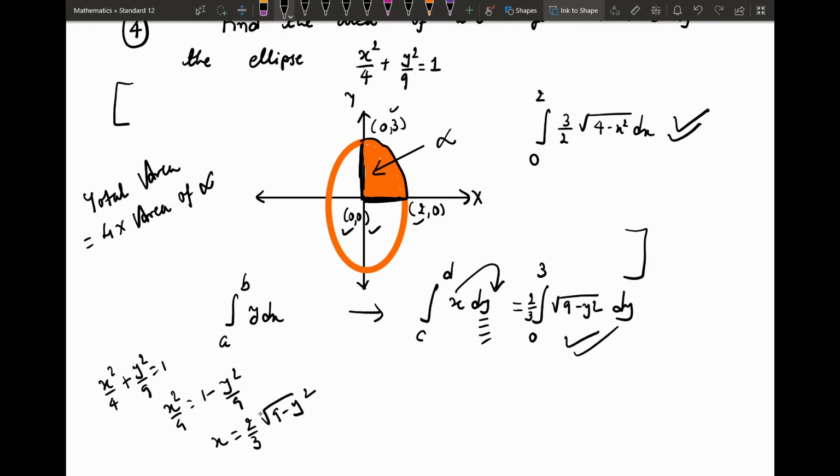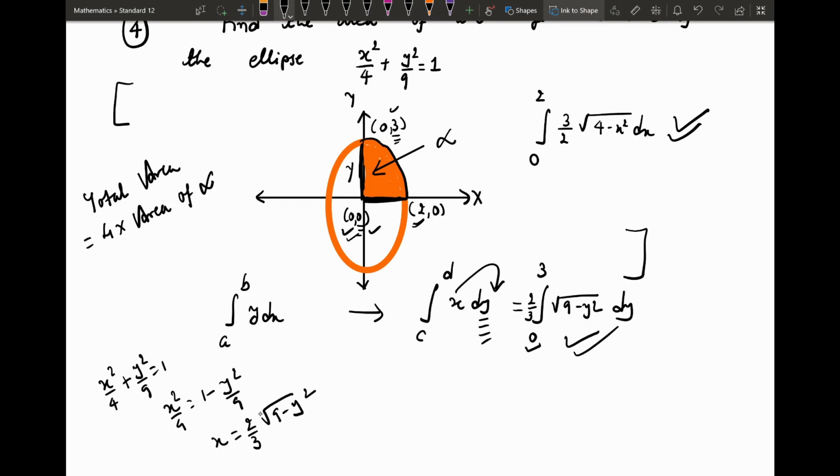So in the case when the region is bounded by both the x axis as well as the y axis, if you use bounded with x axis, then use limit a to b. In that case we have used limit 0 to 2. But if you use bounded by y axis, then use limit c to d, that is 0 to 3.